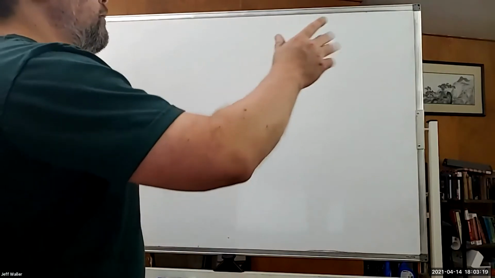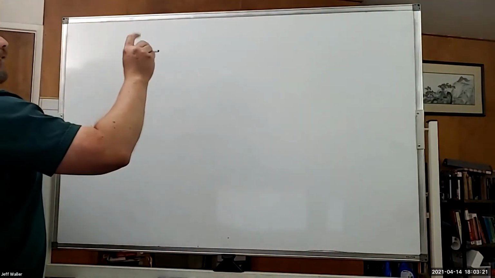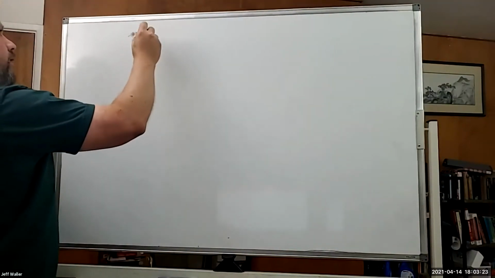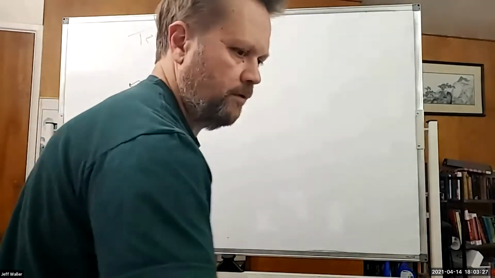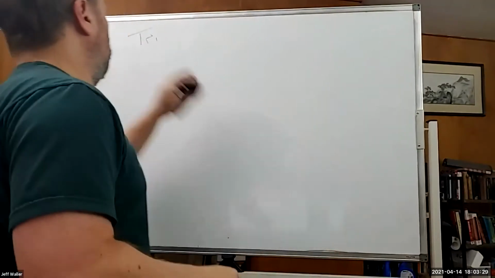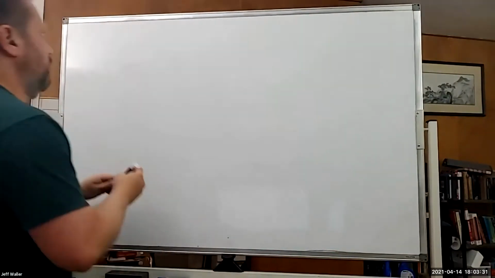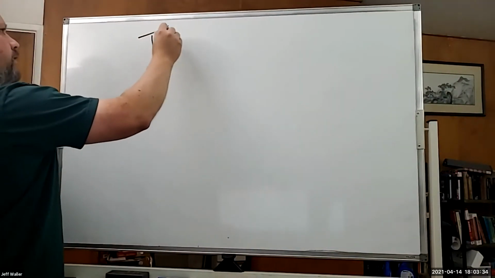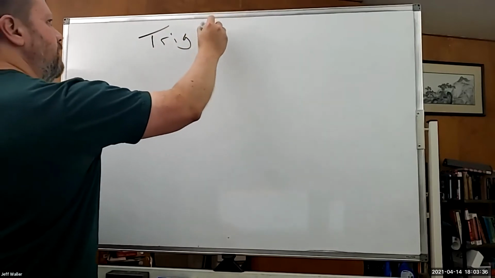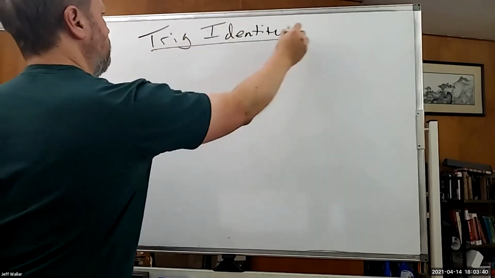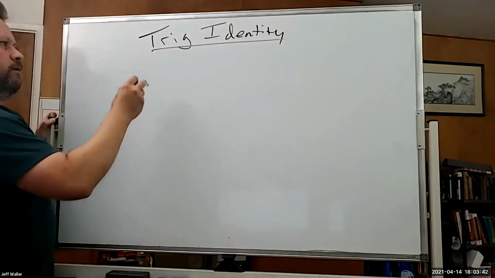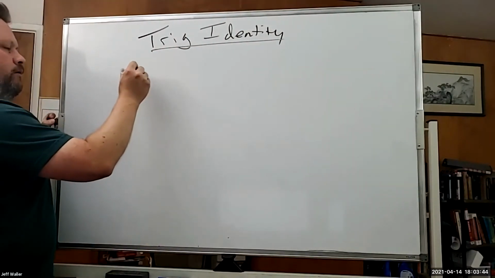All right. Can somebody tell me, besides the reciprocal identities, what is the really only identity that we know at the moment? Cosine squared plus sine squared equals 1?